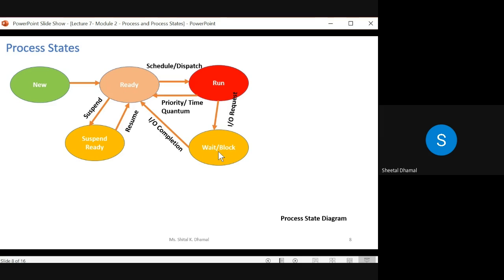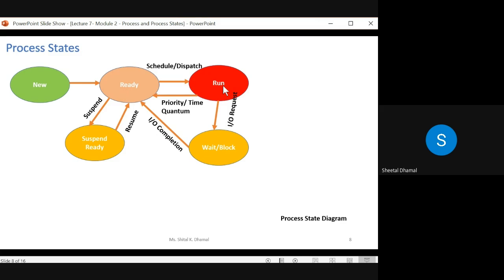It will not directly shift that process from the wait or block state to the run state. Instead, it will shift that process from the block state into the ready state, and again that process will wait for its turn, and when it gets its turn, it will get shifted from the ready queue to the run queue. The operating system is not directly shifting the process from the wait queue into the run queue.